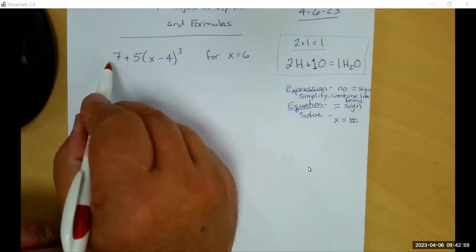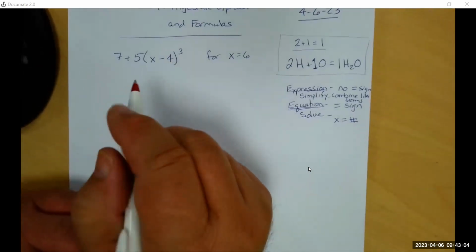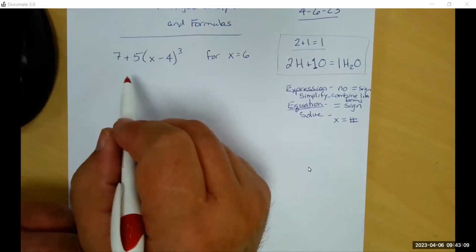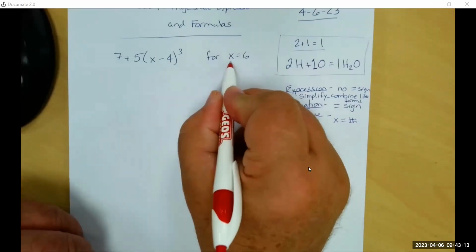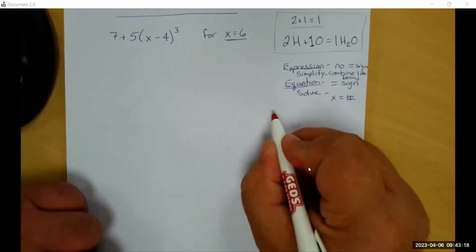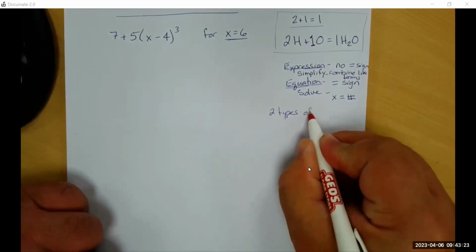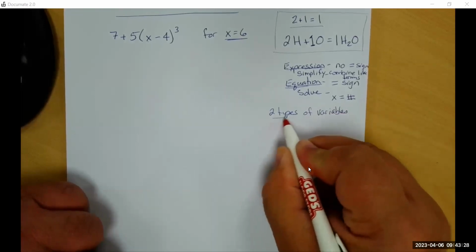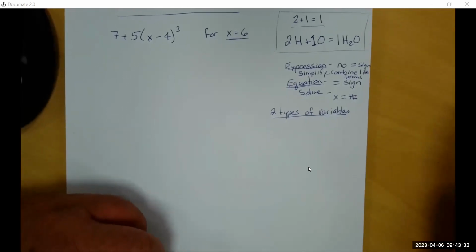So in this one, it's an expression because there's no equal sign. It has a variable, but there's no equal sign. We're defining what the variable is. There are two types of variables. Okay, first off, what's a variable?